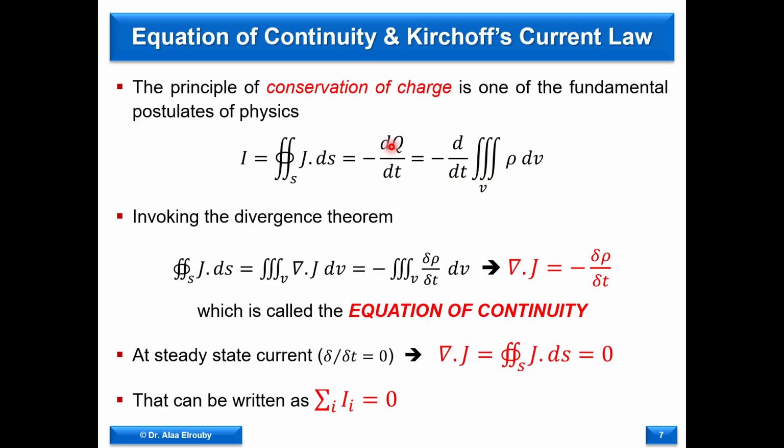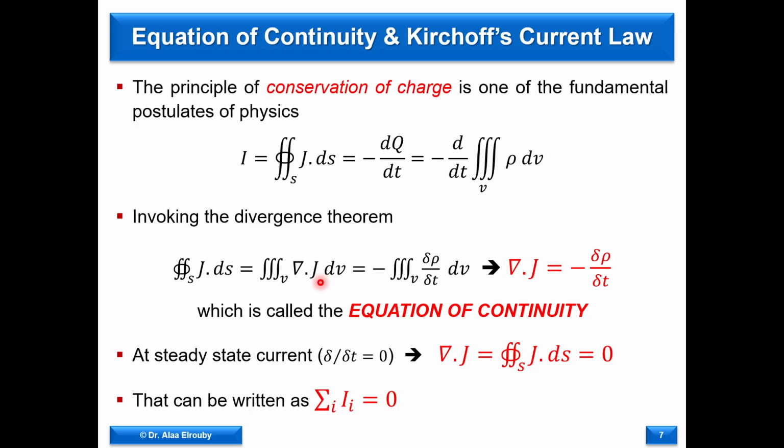And Q can be expressed as the integral of rho d volume over the volume surrounded by this closed surface. And here, J dot dS, we can use the divergence theorem to write it as the integral of the divergence of J d volume.